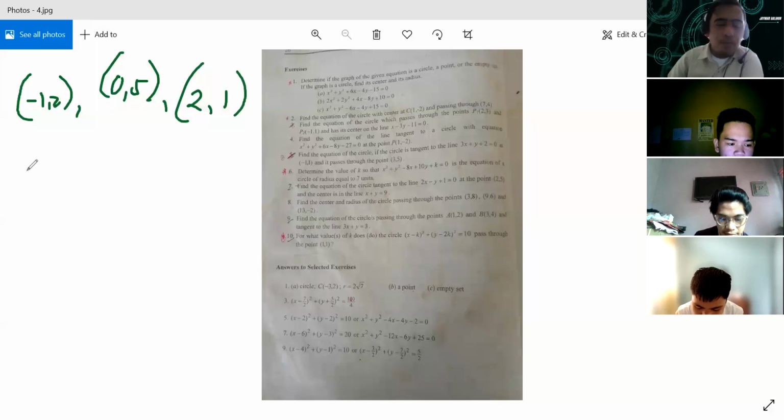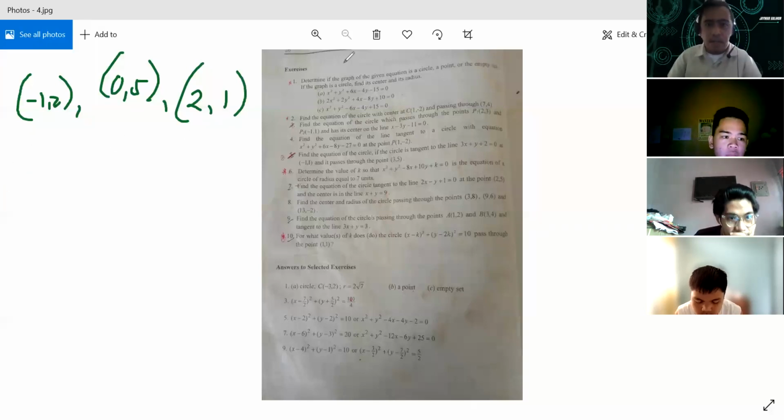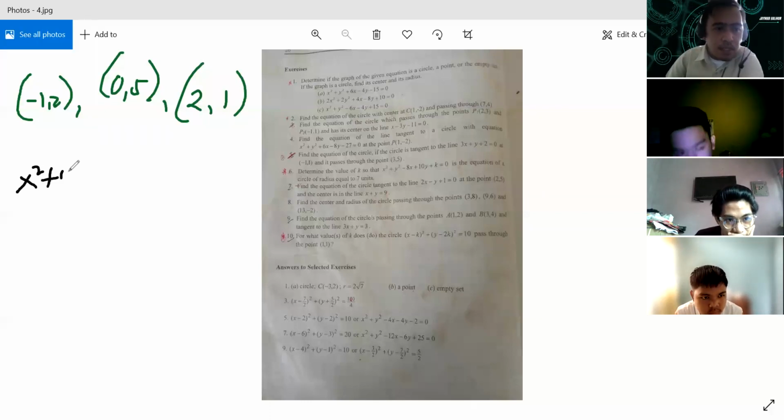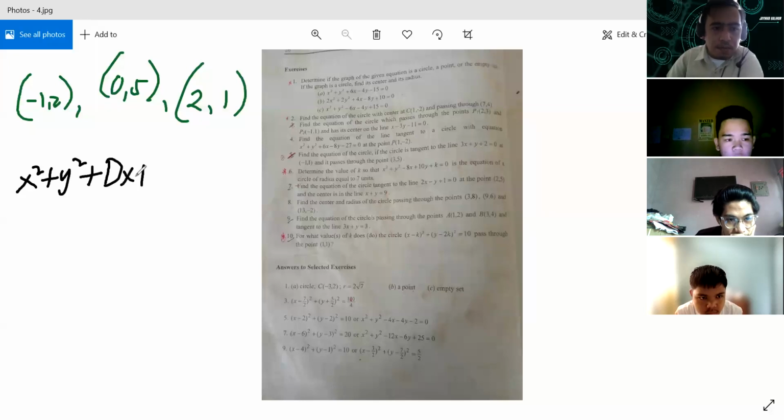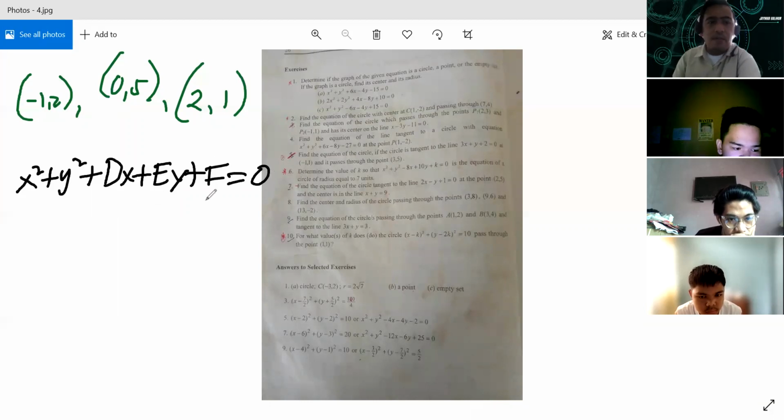So the general form of the equation of your circle is given by, I think you know that already. We presented that a while ago. That is just x squared plus y squared plus dx plus ey plus f equal to 0, right? This is the general form.